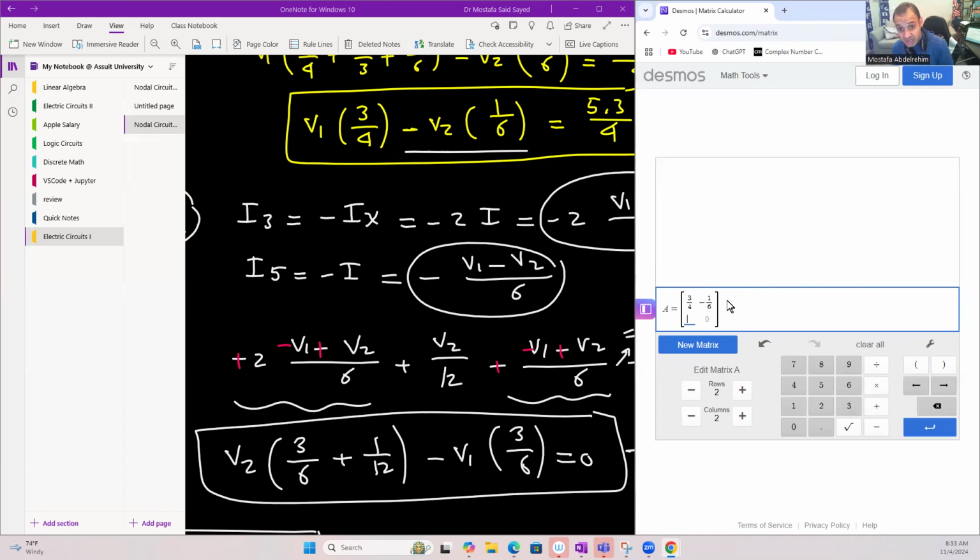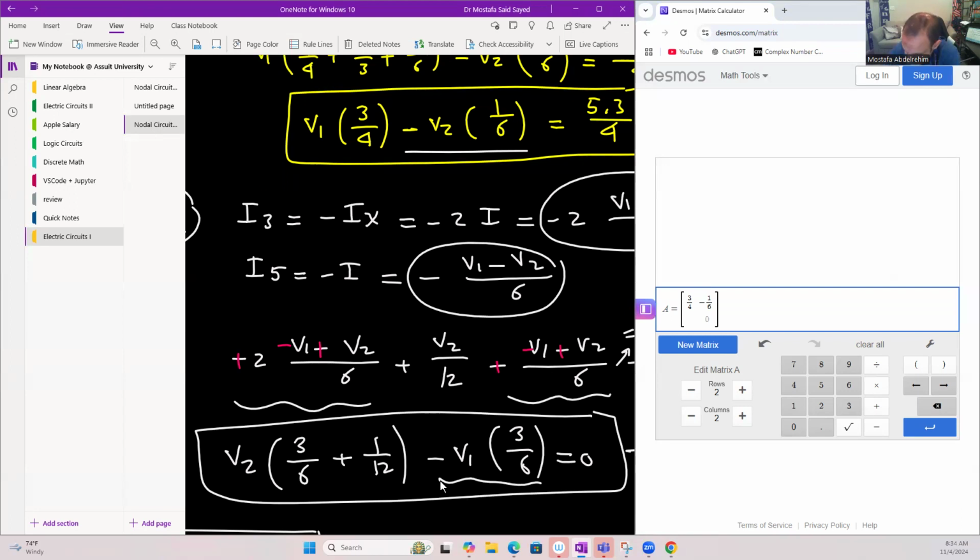Now we should put the coefficients of the second equation. Remember, the order matters here. V1 should always come first, because in the first row we put the coefficient of V1 first, which is 3 over 4. So we must do the same for the second equation.